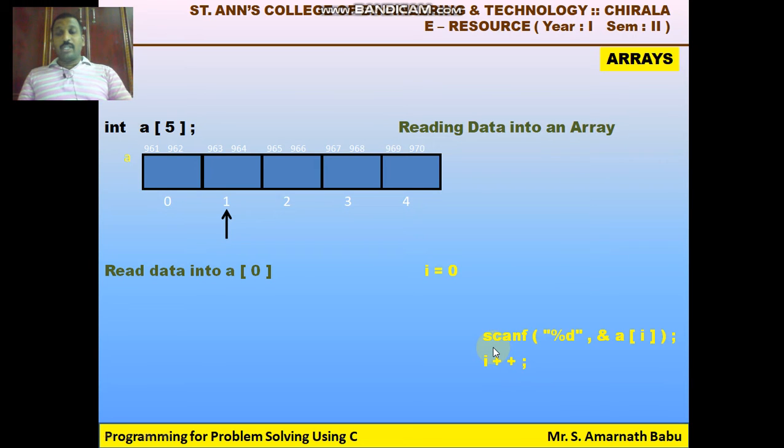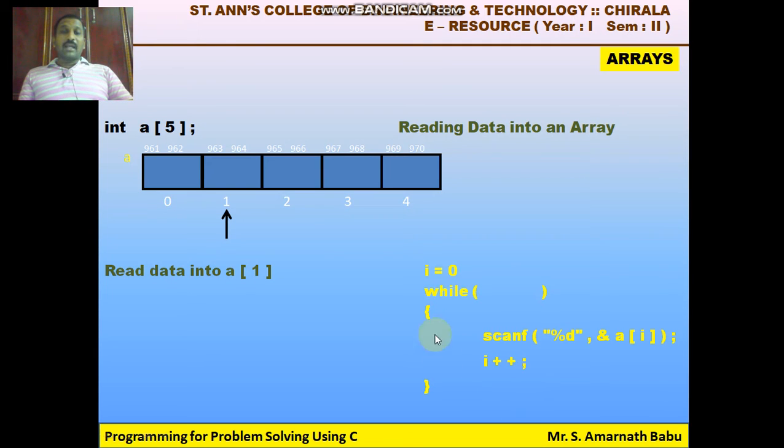But instead of writing the scanf statement separately, again we need to go back and repeat the same operation, and for the next element we can go back and repeat the same operation. In order to repeat, we can make use of any repetitive statement like while, do while or for, and in this example I am making use of the while statement.